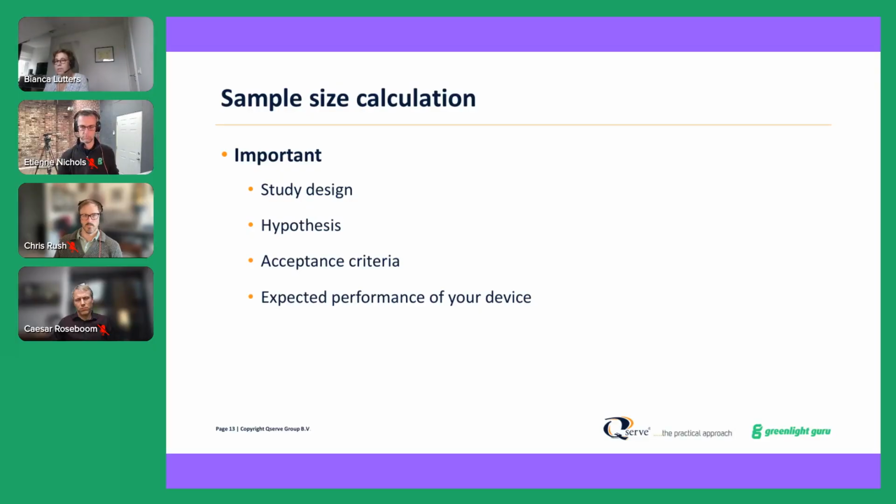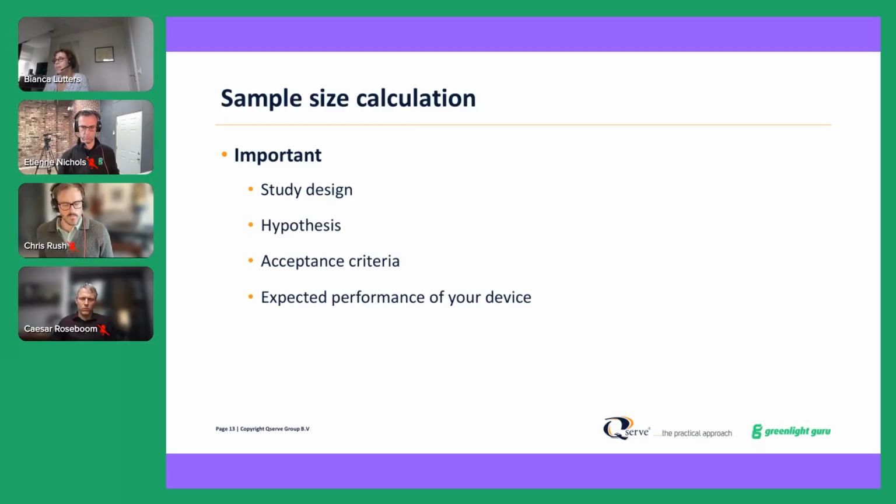But keep in mind, if you need to really show that your device is the same or better in a clinical investigation, you can think that your expected performance of your device is brilliant.